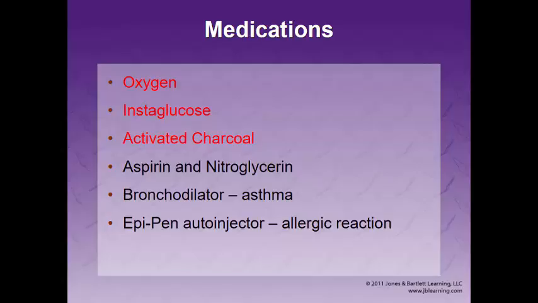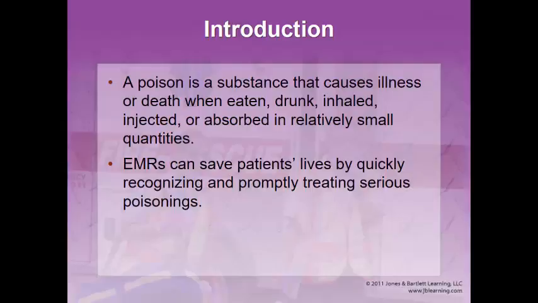For somebody with chest pain, maybe aspirin and nitroglycerin. Bronchodilators, whether they be a handheld inhaler or a small volume nebulizer for a situation like asthma. And then the EpiPen auto-injector for an allergic reaction. So we want to be familiar with those, at least, just 7 medications that we can assist somebody in taking should they have their own medication.